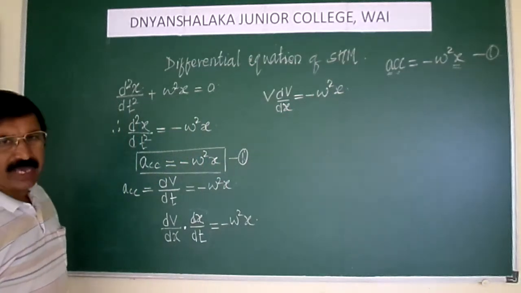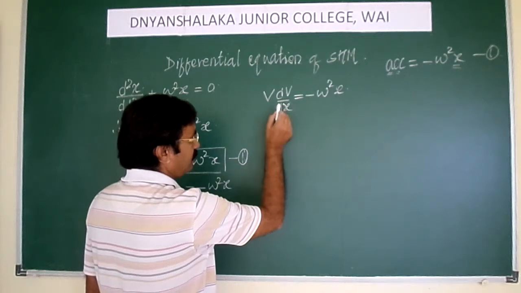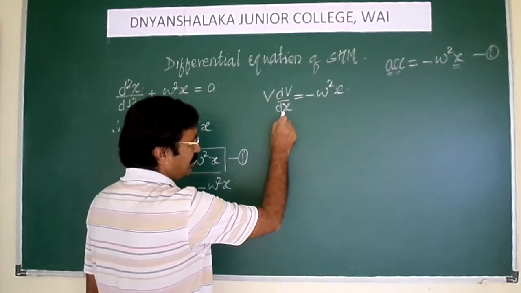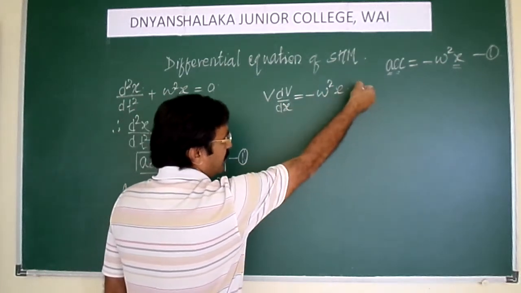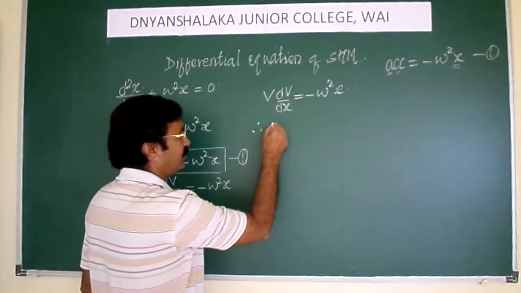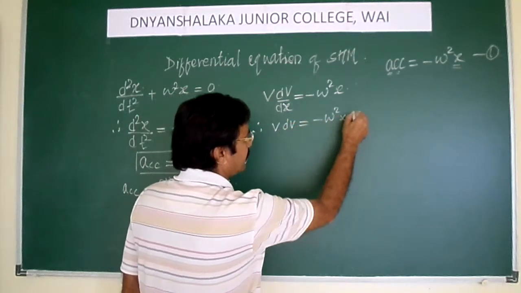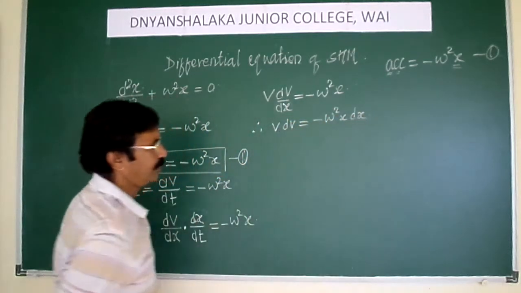Now with the variable separable form, let us take this dx from the left hand side, where it is in the denominator, to the right side, where it goes to the numerator. Therefore this becomes v into dv, which is equal to minus omega square x into dx.